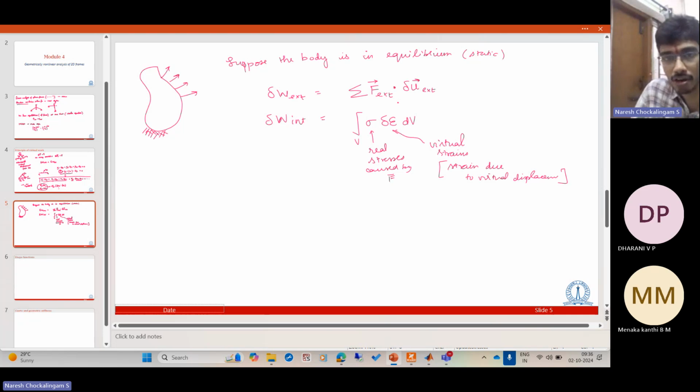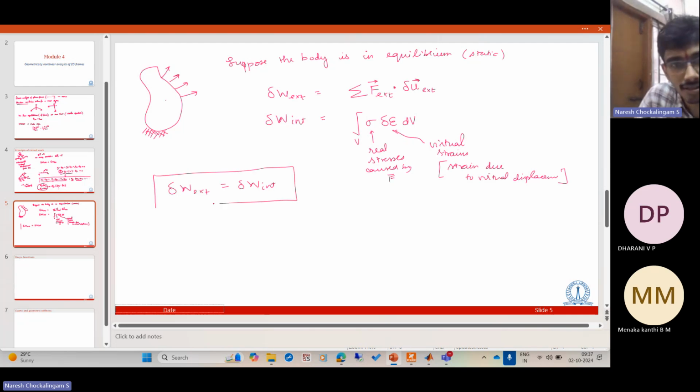So if a body is in equilibrium and the state of stress is sigma, and the configuration is u, when you specify the displacement of every point on the body, the configuration of the body is known. So if the body is in a configuration that is in static equilibrium, then the net external work done by the forces on an admissible virtual displacement field should be equal to the net internal virtual work done by the stresses on the associated virtual strains.